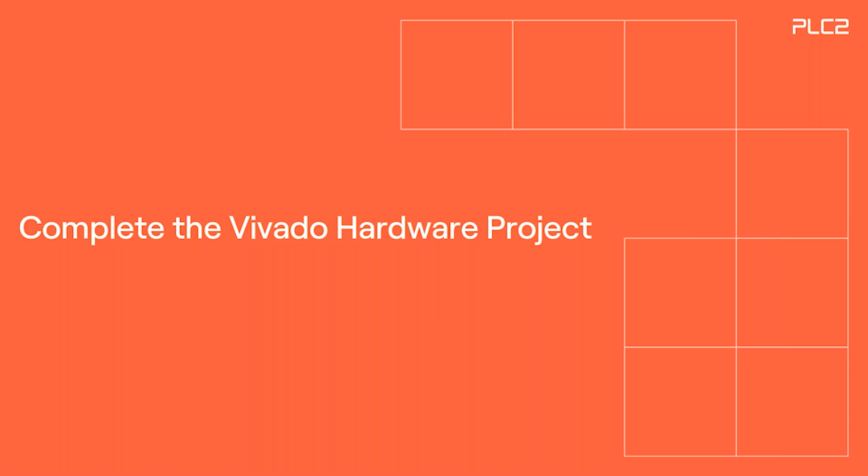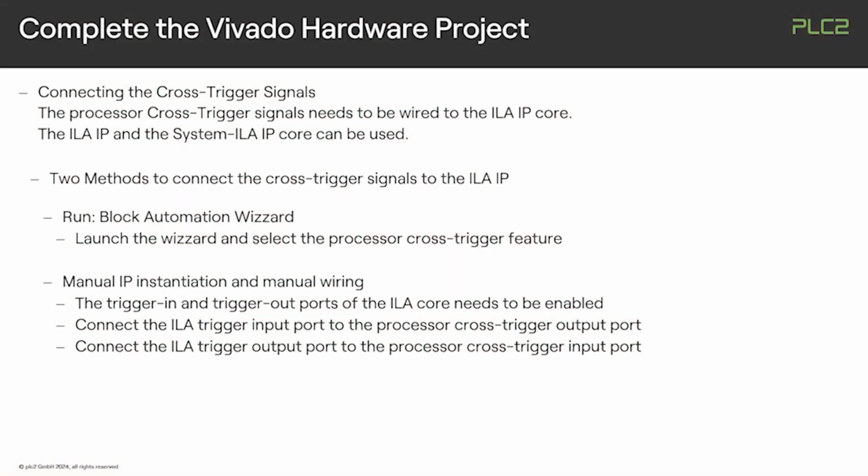So therefore, in the Vivado context, you prepare, first of all, the processing system cross-triggering features. You bring in the ILA core. You can do this in your own way, but you can typically find the bus automation wizard. And this connectivity here obviously is focused on cross-trigger interconnection.